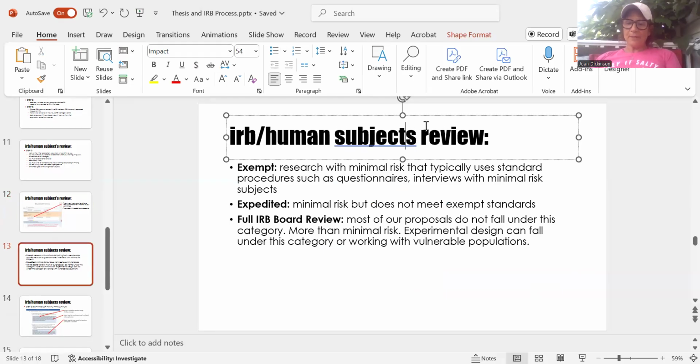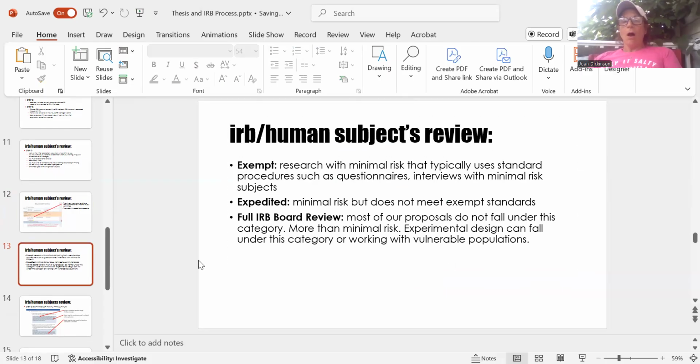The other thing that's going to happen is that the IRB manager may also ask you which category your research will fall into. Again, one thing I want to reiterate in this lecture is that the IRB manager application does change from time to time.